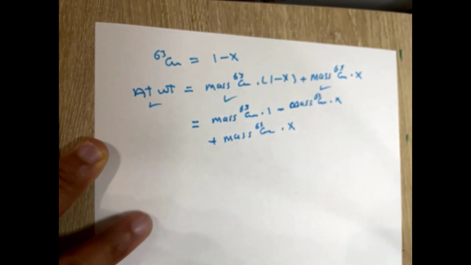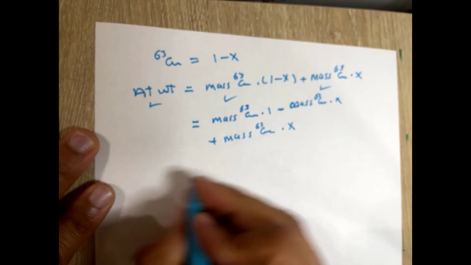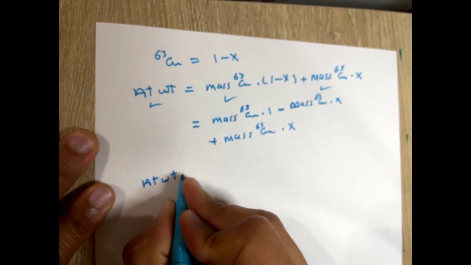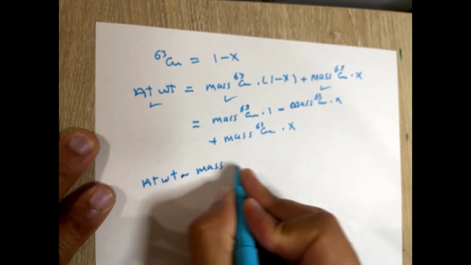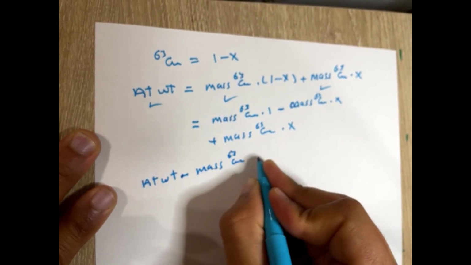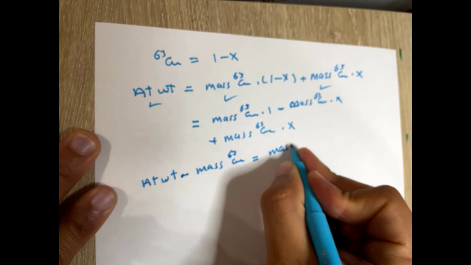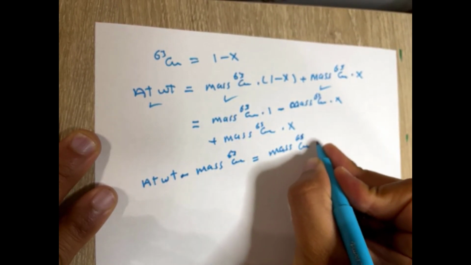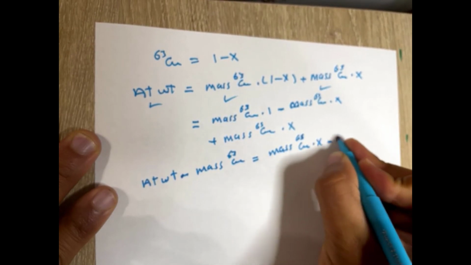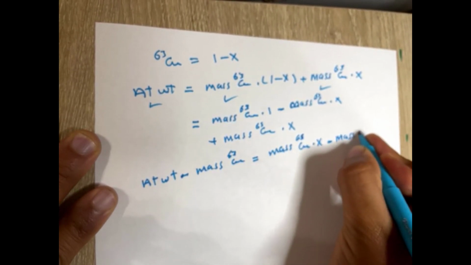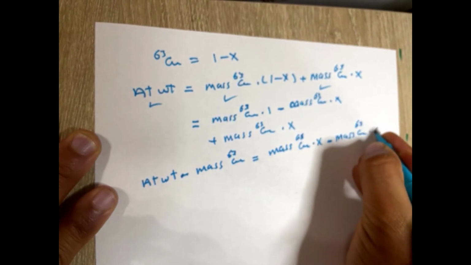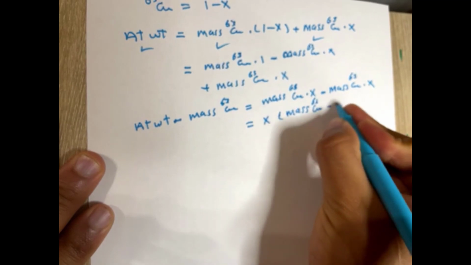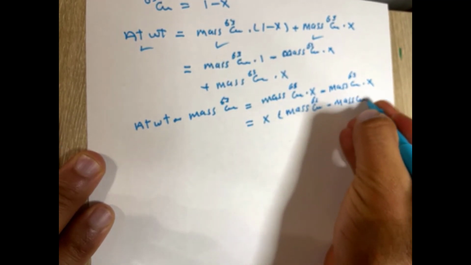So if we subtract the mass of isotope 63 from both sides of the equation, the atomic weight minus mass of isotope 63 is going to equal mass of isotope 65 times x minus mass of isotope 63 times x, or x times mass of isotope 65 minus mass of isotope 63.